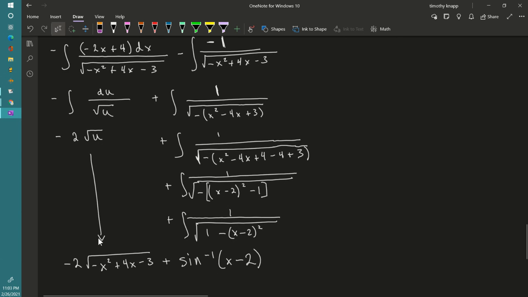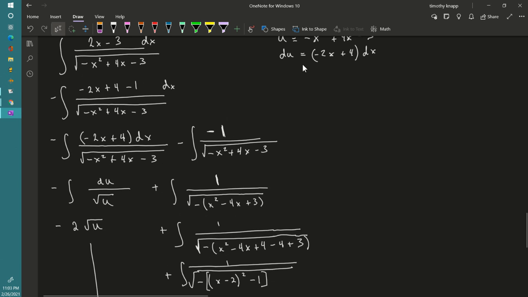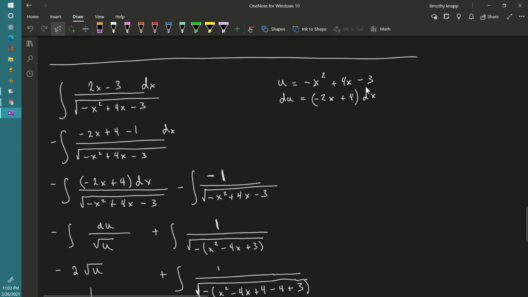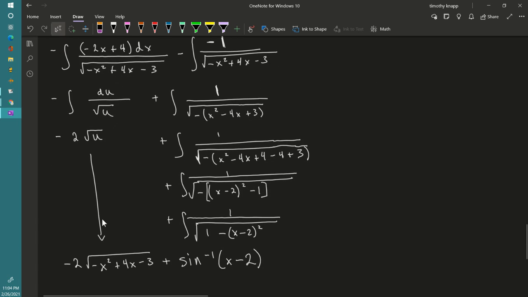And then over here, I just resubstituted my u back in. So u, remember, was way up here, what I made at the beginning, okay? And so there it is. It's a negative 2 root, the original quadratic, plus the sine inverse of that. All right, so there's my final integral there.